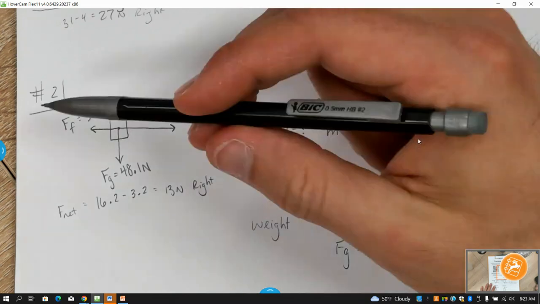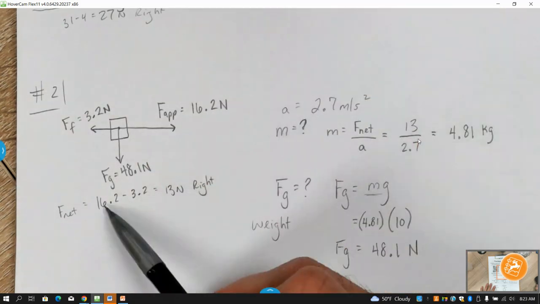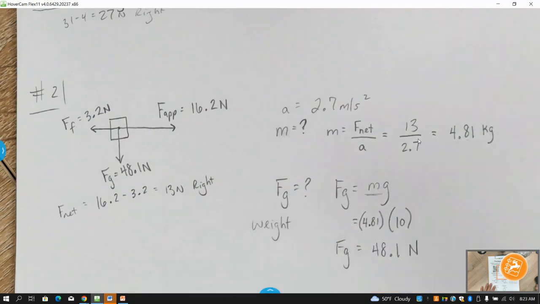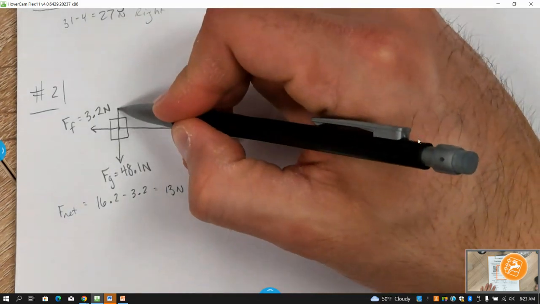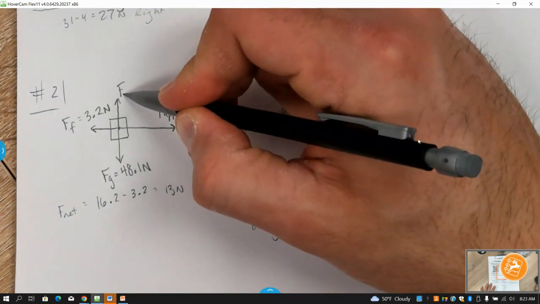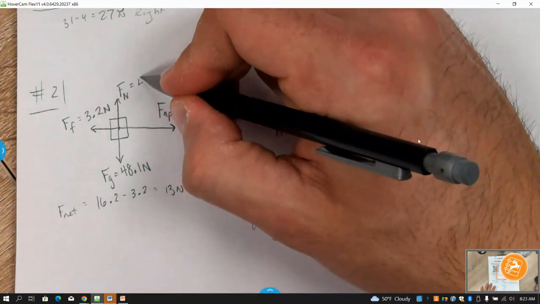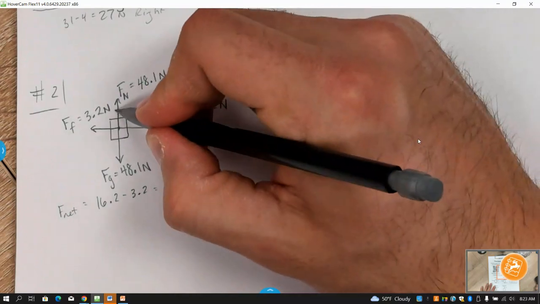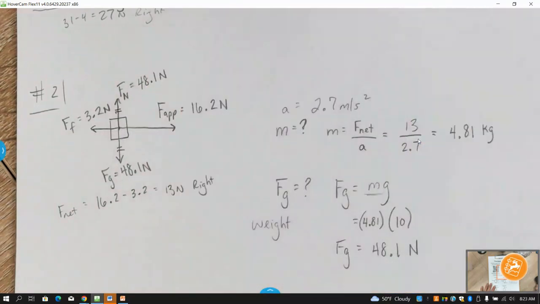Because they're accelerating this direction, right? They're accelerating in the direction of the net force, because in the problem they didn't say that they were accelerating upwards or downwards. We have to make sure that the up and down balance. So this would be normal force, F subscript capital N, and it just has to be the same value as your Fg. So I just put a little equal lines like that, so that my up and down are balanced.